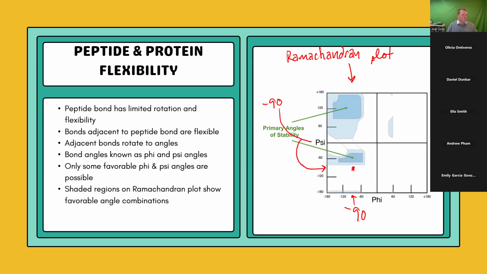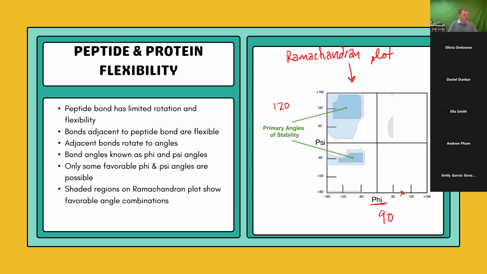So what we're looking at is, is this a favorable or an unfavorable pair? A phi angle of 90 degrees and a psi angle of 120 degrees. Well, I can look at my phi angles labeled on my x-axis and say, okay, positive 90 is right about here.